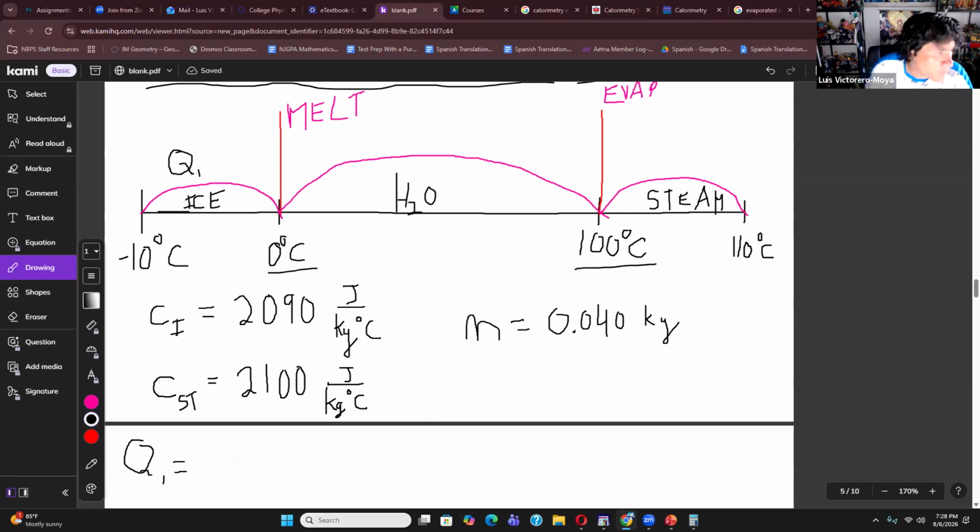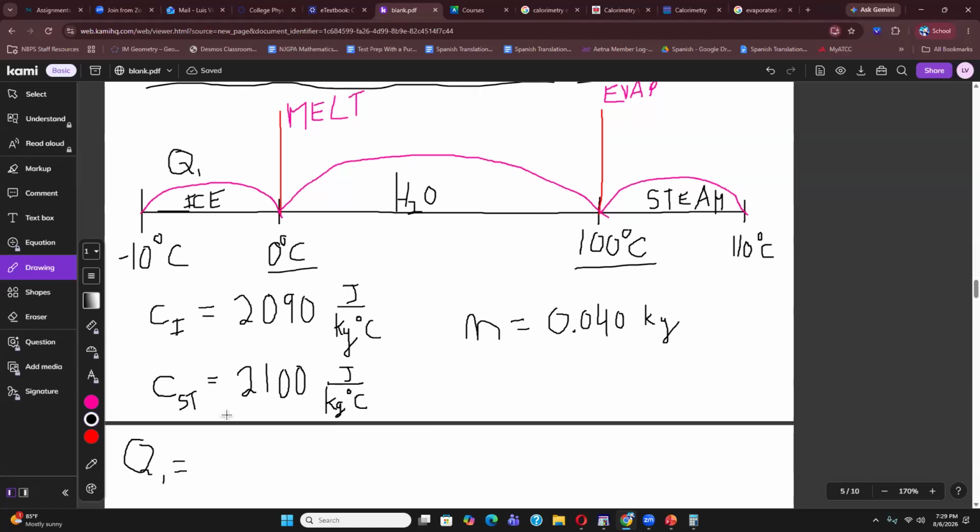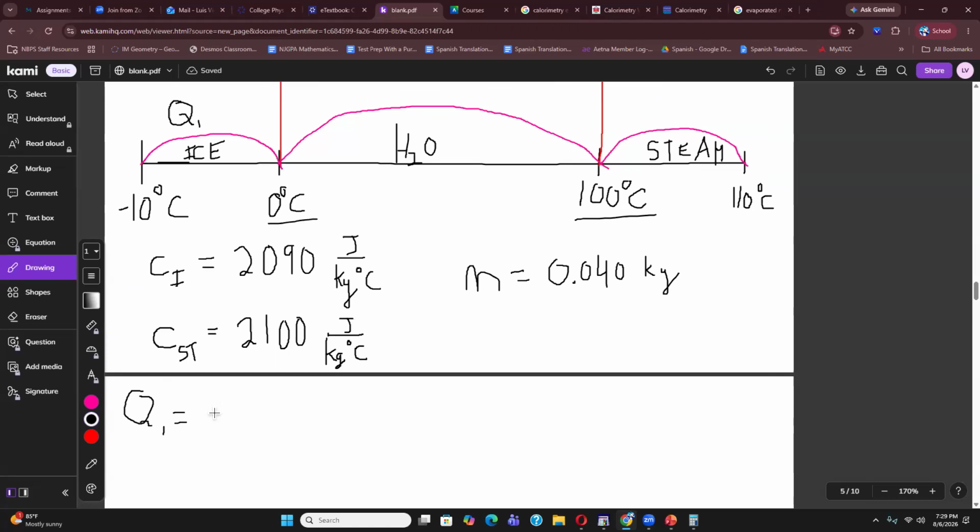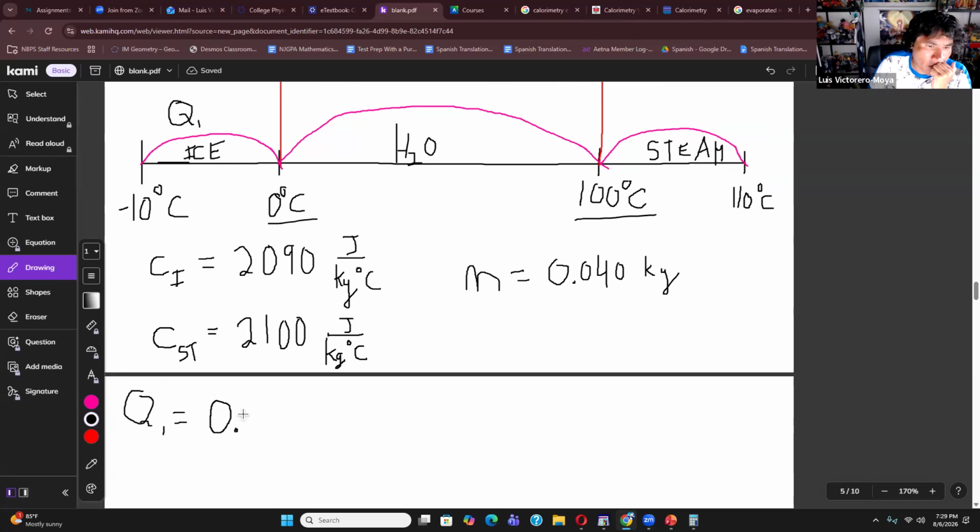What's the equation for the heat here? Mass times specific heat of ice times the temperature change, which is 10 degrees. Yep, so this times this. While I'm doing this, somebody please calculate this.